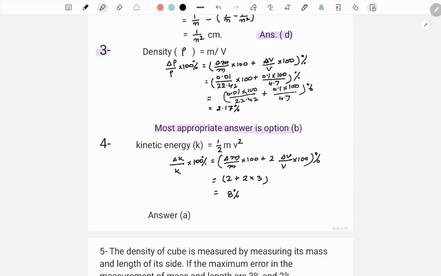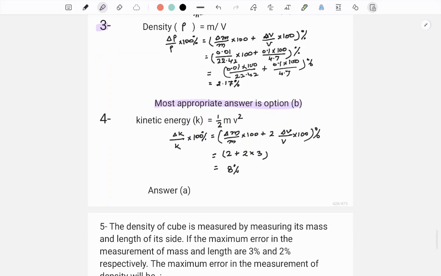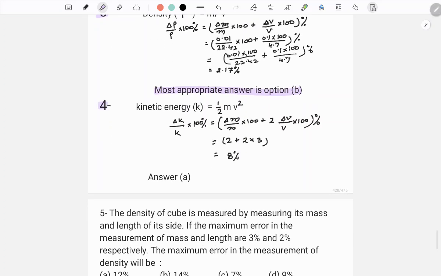Most appropriate answer is B. Question number 4. The percentage error in kinetic energy is 8%. Answer is A.